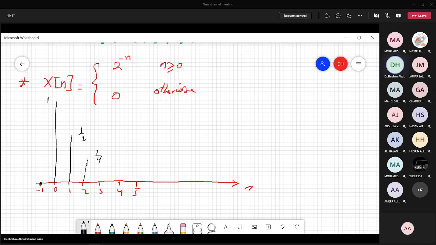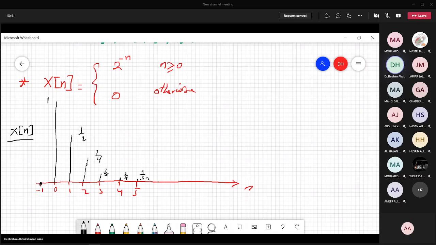At 3, 2 to the power of -3, 1/8. 1/16, 1/32, sorry, then 1/64, then 1/128, and so on. ما بتوصل 0. This is x of n.